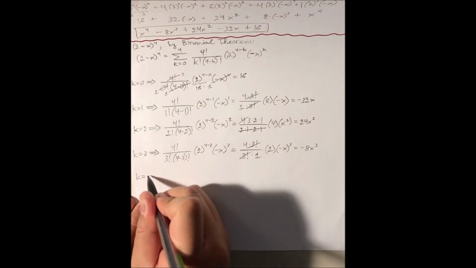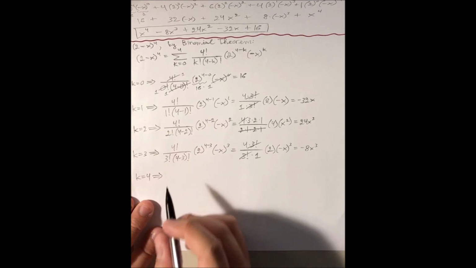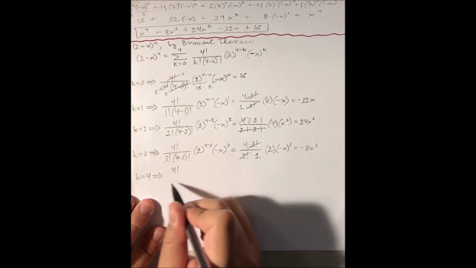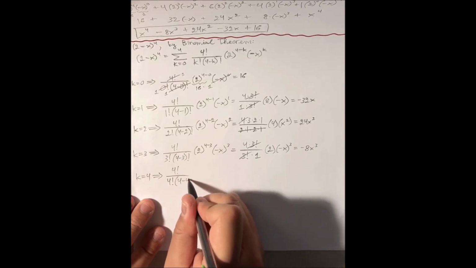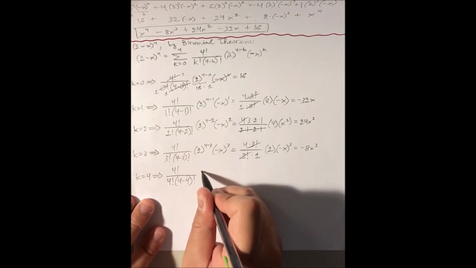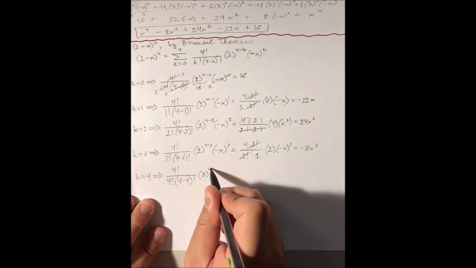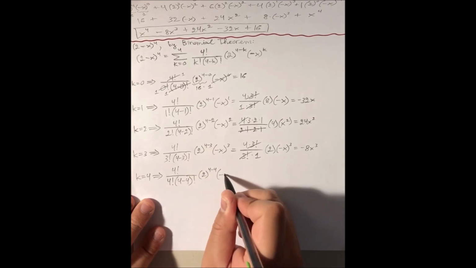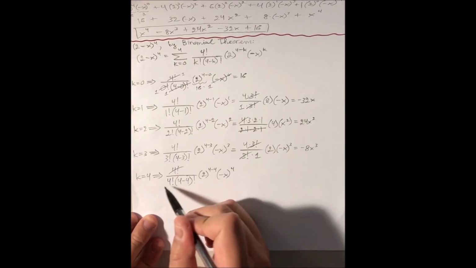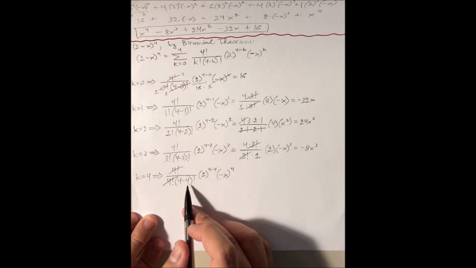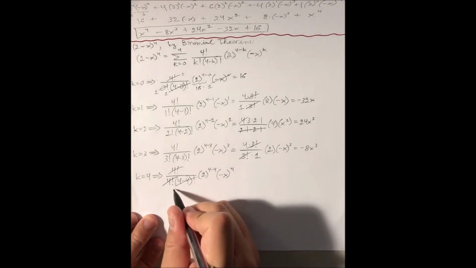When k equals 4, which is the upper limit of summation, we got 4 factorial over 4 factorial times 4 minus 4 factorial times 2 raised to the 4 minus 4 times negative x raised to the fourth. Well, 4 factorial right here cancel out. 4 minus 4 is 0. 0 factorial is going to be positive 1.